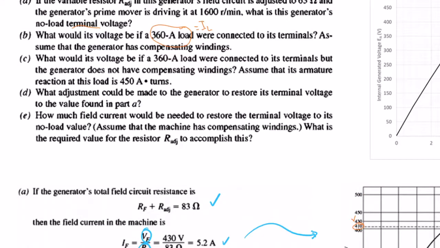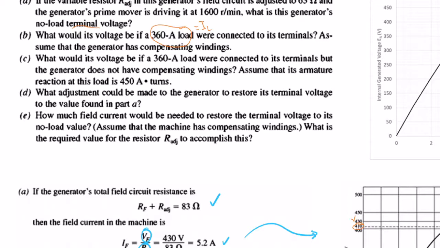What adjustment could be made to the generator to restore its terminal voltage to the value found in part A? So this is an example of the application of voltage control of the generator. We notice that when the load changes, the output voltage was affected.